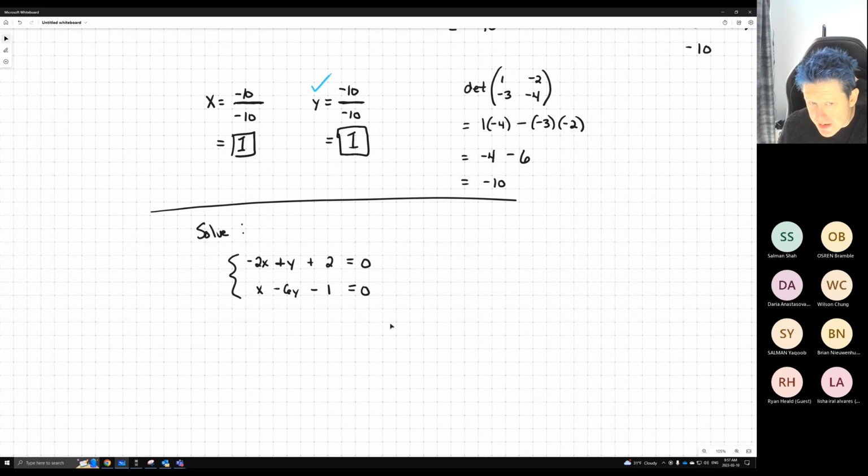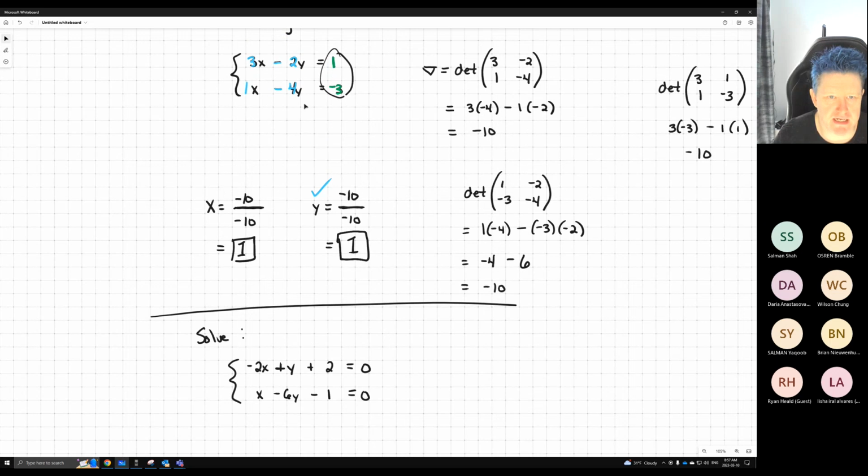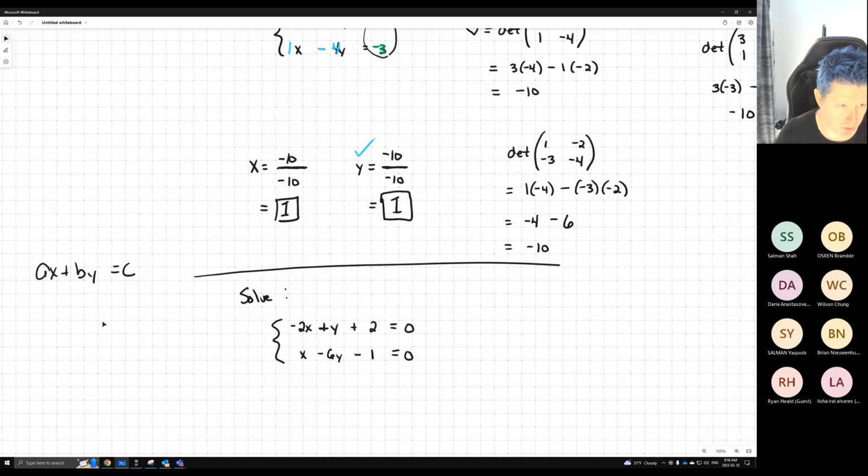In order to use Cramer's Rule or determinants, you have to get it in the same form every time. In other words, it has to be in the form ax plus by is equal to c. Your equations have to be in this form.